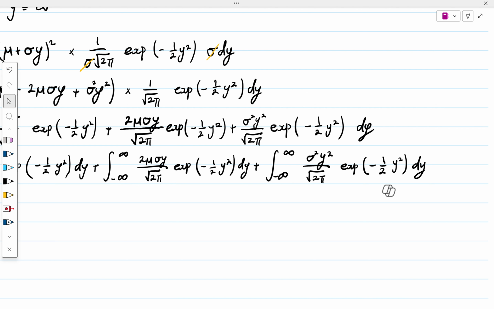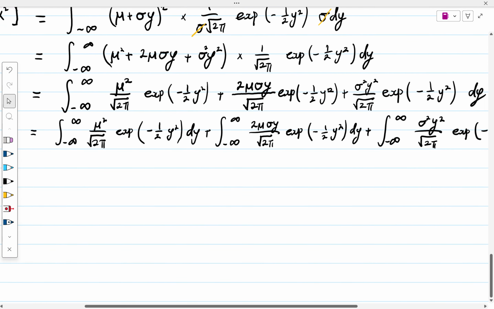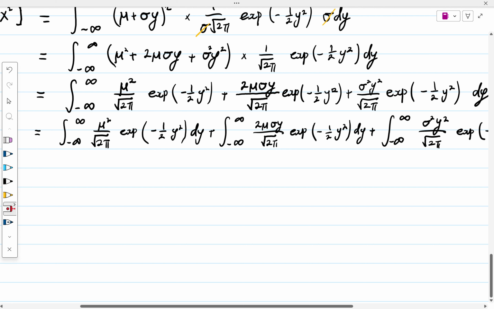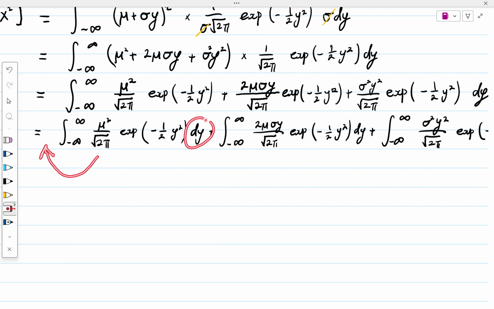So far, so good. The next step in this expression is to take out all the factors that are independent of our integral, or dy. So in this first expression here, the mu squared and the square root 2 pi are independent of what we are integrating with respect to. So we can take those constants out the front.